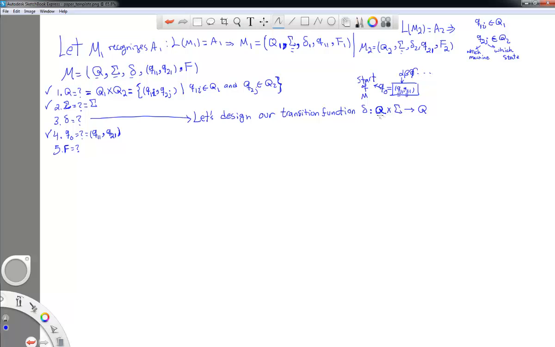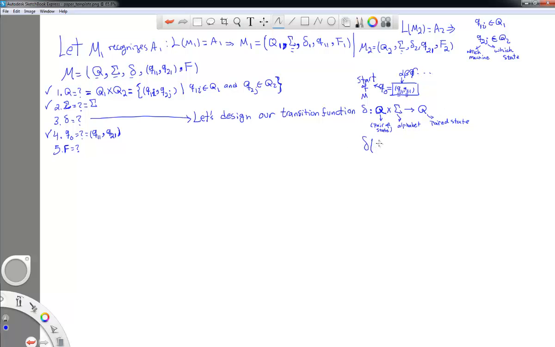Now remember what Q was? Q was basically a pair of states, right? The first element from the first automaton, the second element from the second automaton. Sigma was my alphabet, and Q is basically paired states. So in delta, the way it would look is something like this.